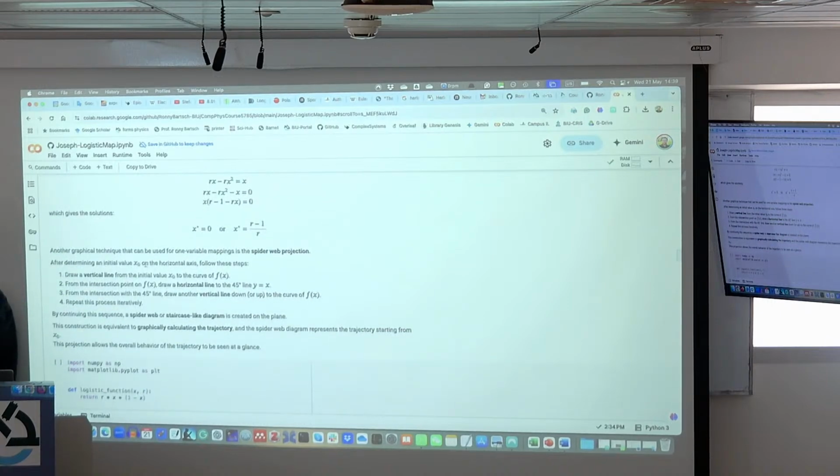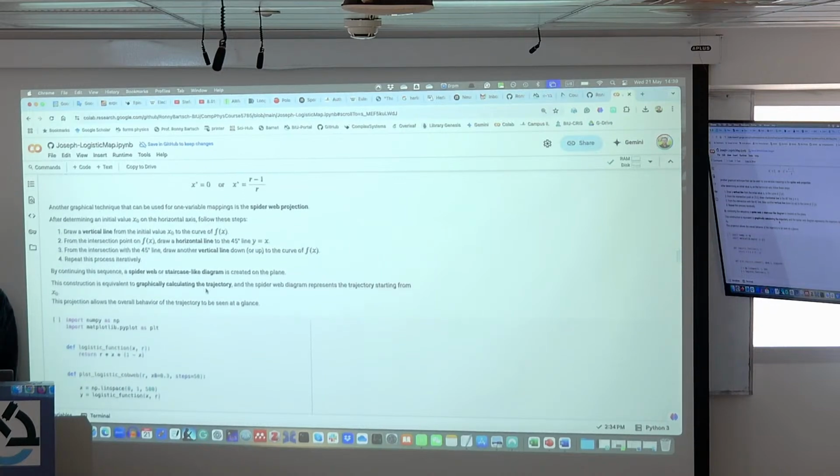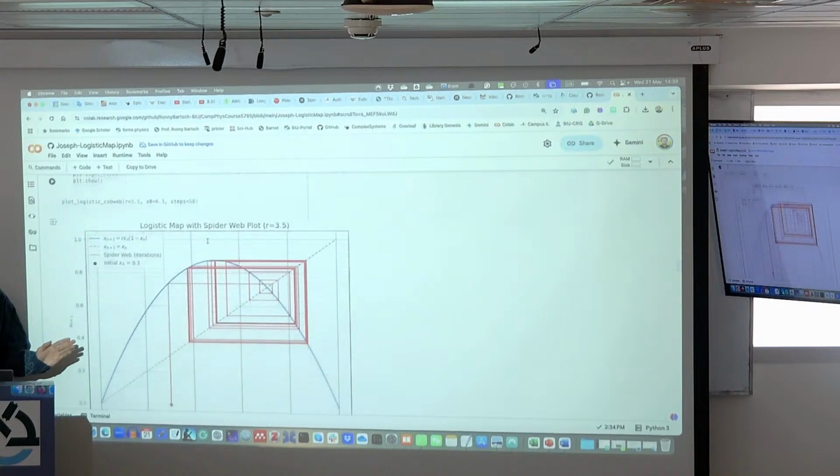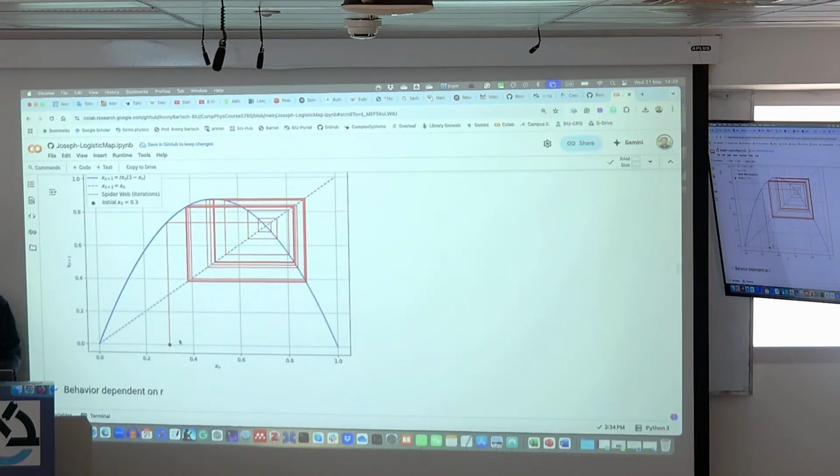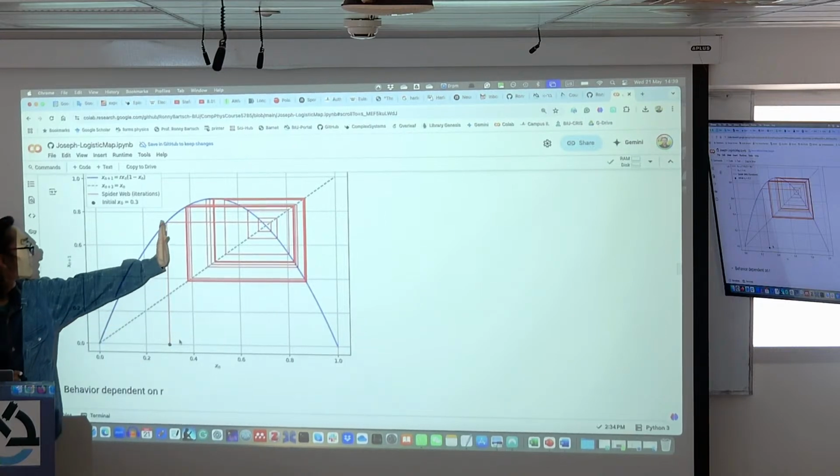Another graphic technique that can be used on one-dimensional mapping is the spider web projection. After determining an initial value on the x-axis, the following steps: first, draw a vertical line from the initial value on the x-axis to the curve. Here you get this, and how do you know the xn? You just hit this to the plot of our function.